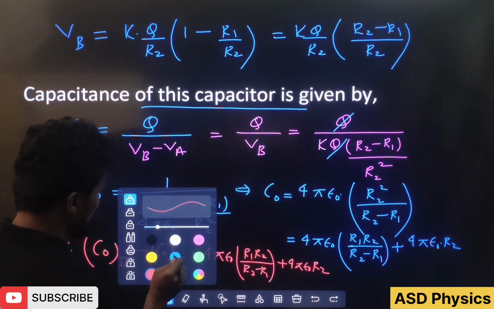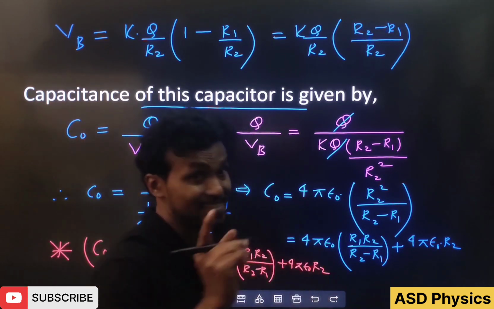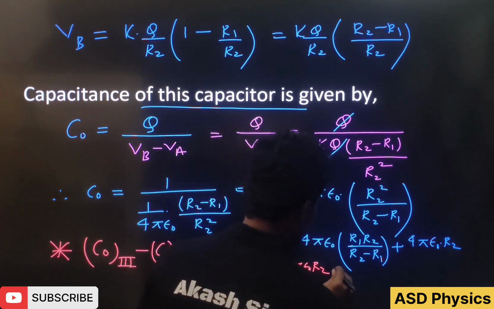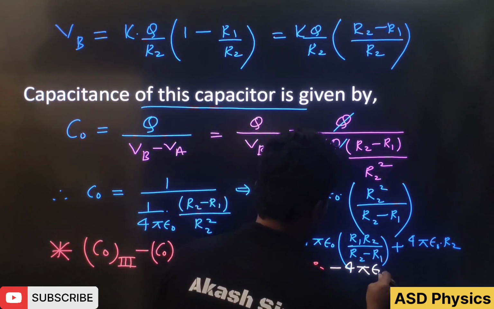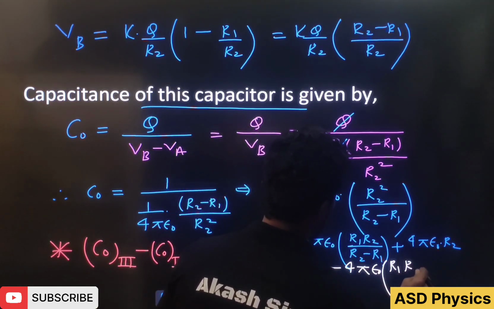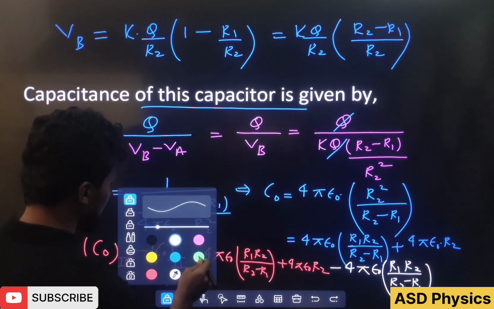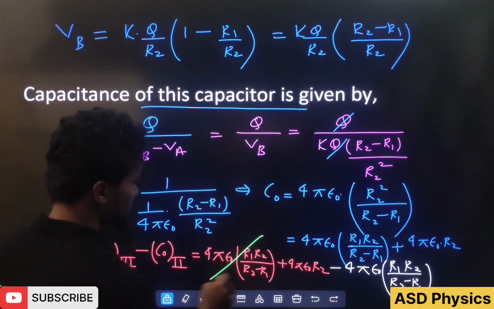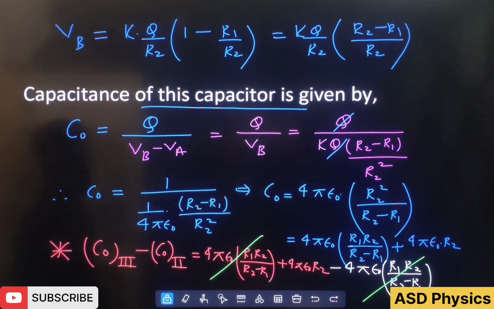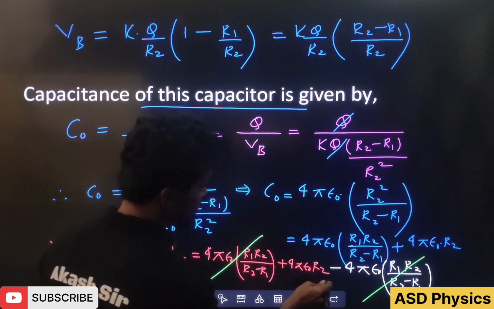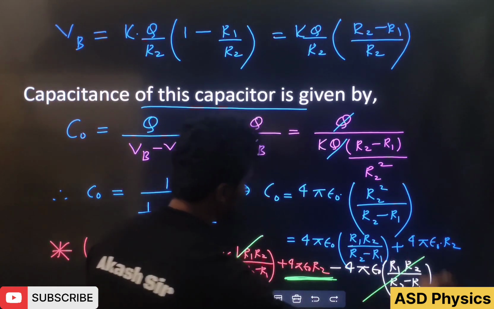After that, the second case: 4 pi epsilon naught R1 R2 by R2 minus R1. What will cancel out? This thing and this thing cancel out. We are taking the capacitance of the third case and the second case, so this answer will come.